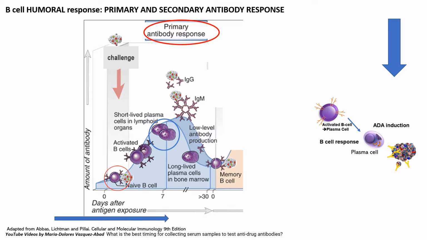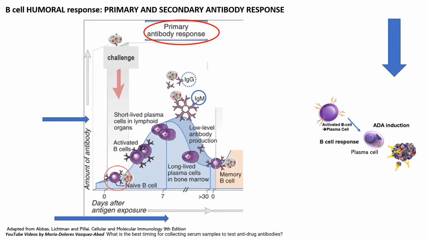This takes time. So after the patient has been injected with the drug and has been perceived for the first time as a signal, it can take anywhere between 5 and 15 days to have sufficient amount of anti-drug antibodies in the blood to be able to detect them with your assay. These antibodies are going to be the majority IgM.